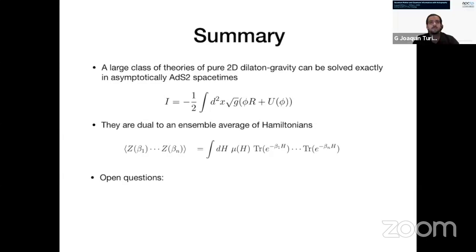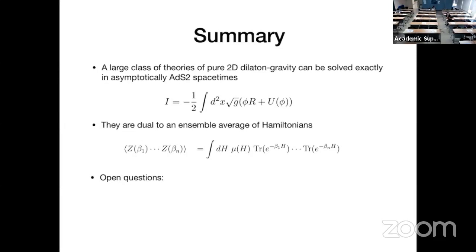I'm not sure. I mean, that would be computed by just a phi squared R and so on. Any trial?